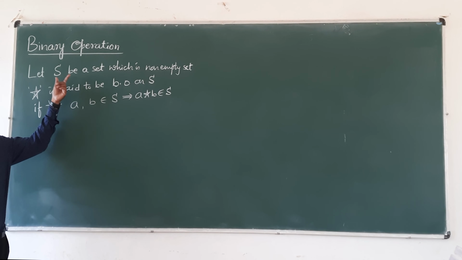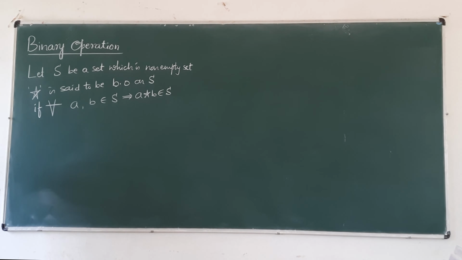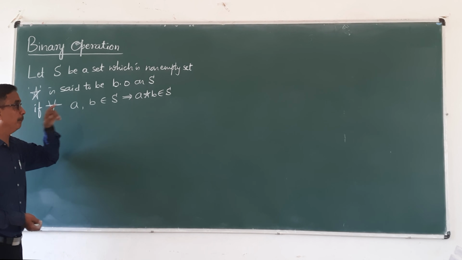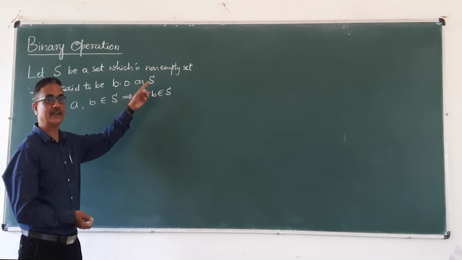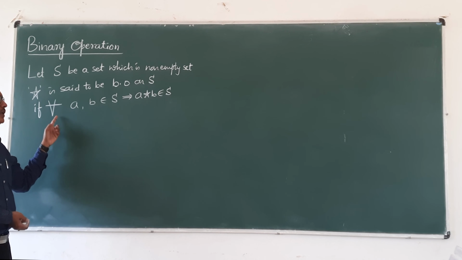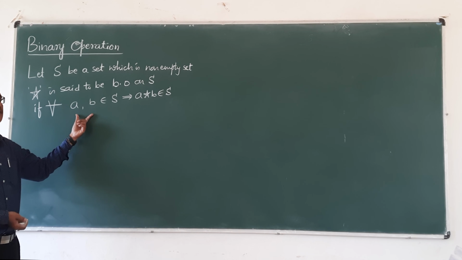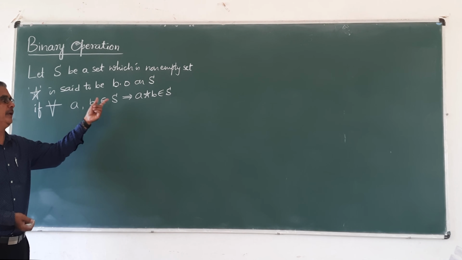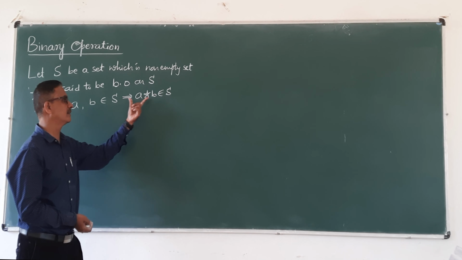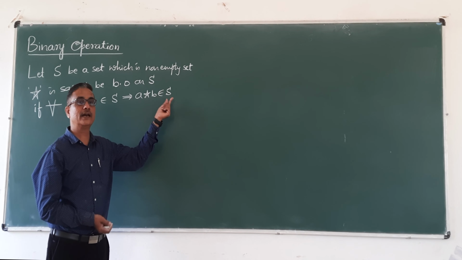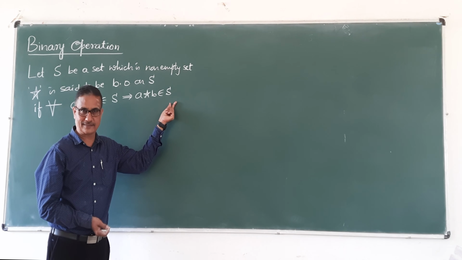Remember, S be a non-empty set, an operation denoted by the notation star is said to be a binary operation on the set S if for every element, in general A and B belong to S, implies combining those two, A star B also belongs to S.